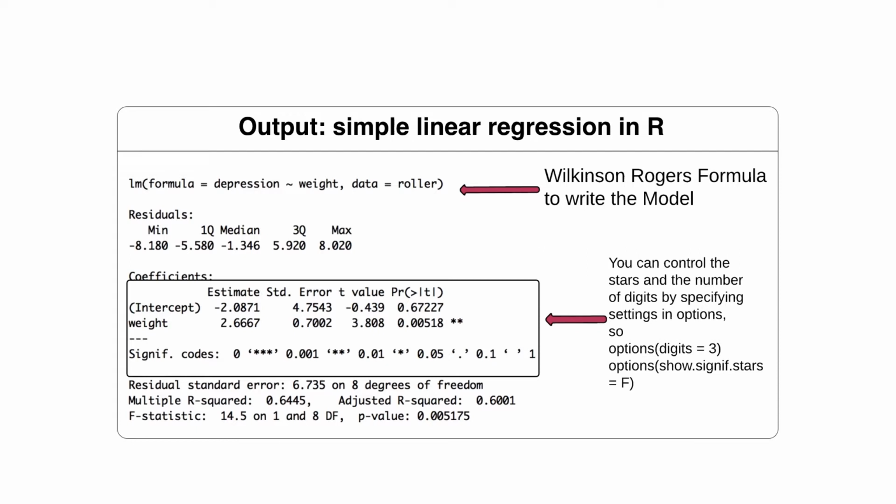And you see over here we have explained about 60% of the variability of the depth only by the weight of the roller. You also get the F statistic for the entire model, and you can see that the model is a very robust model. By the way, the p-value corresponds to the value of the explanatory variable here.